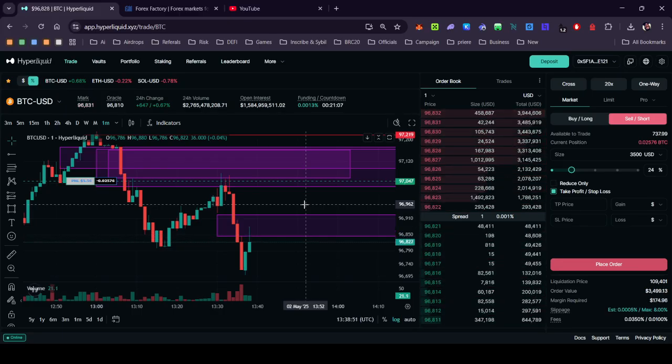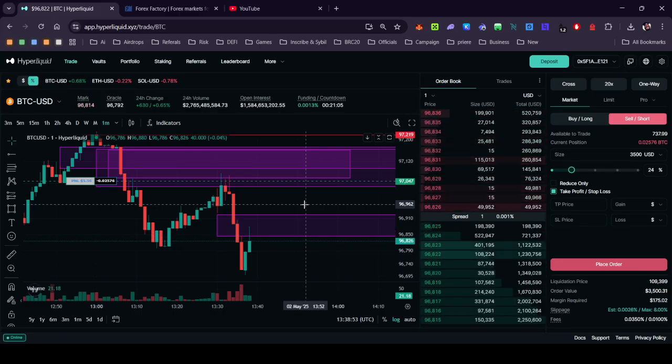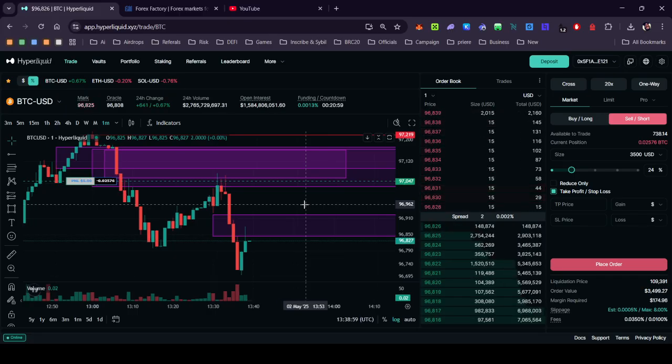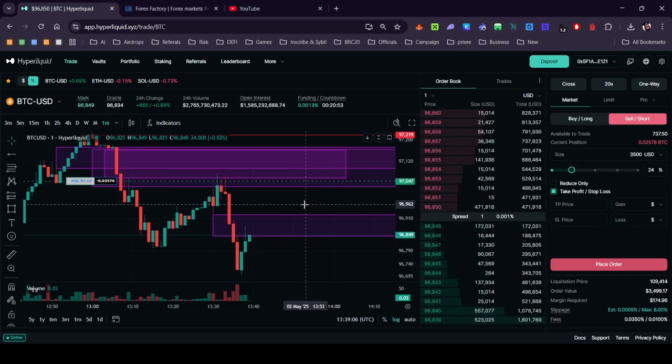The 1 minute fair value gap showing strength. Another price push toward that fair value gap is what we do not want to see.